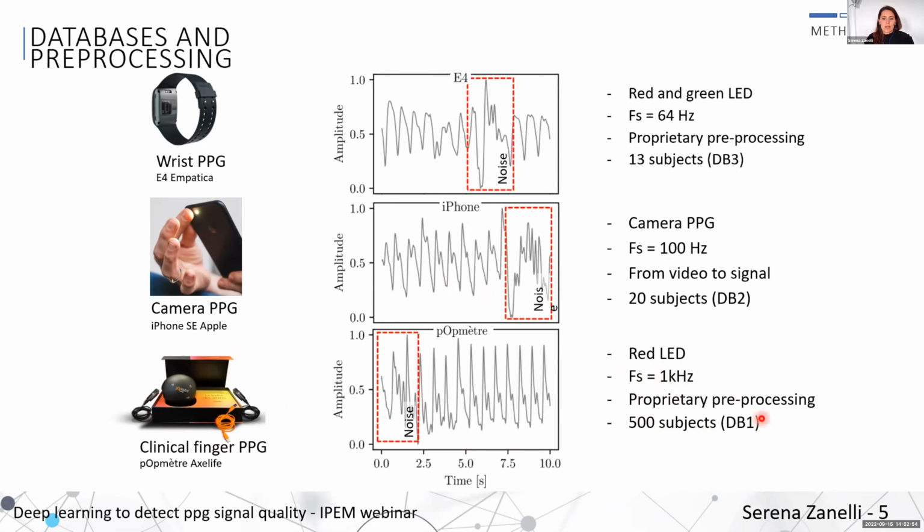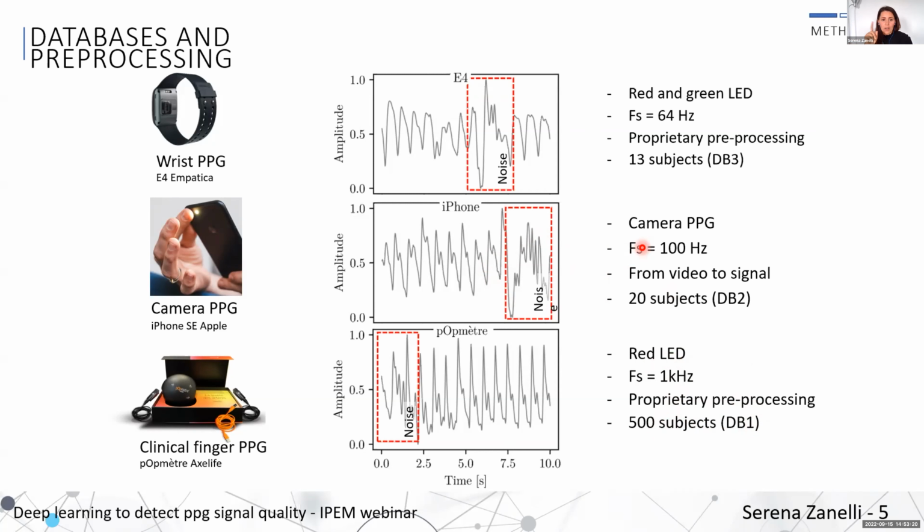This dataset is composed of 500 subjects, so it's quite a big database. Then we used two smaller datasets because, for deep learning, we always read that we need a huge quantity of data. However, we wanted to test the minimum size of data that we needed to train a deep learning model.